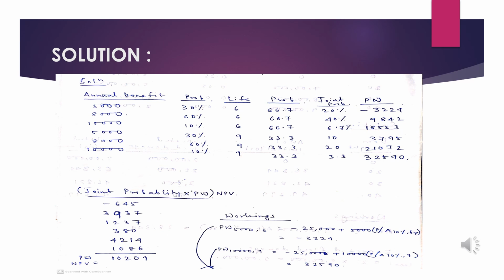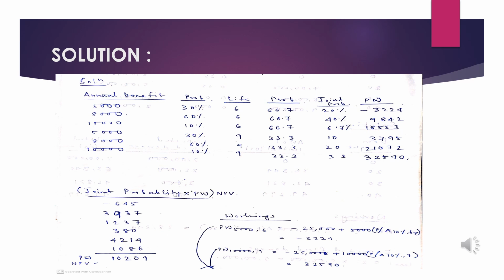If we add back the annual benefit of 5,000, which we are getting continuously for 6 years, that means an annual value turned into present worth, given the interest rate of 10% and 6 years, we find the value to be negative 3,224, or a loss of 3,224. That's what I have put in the present worth column.